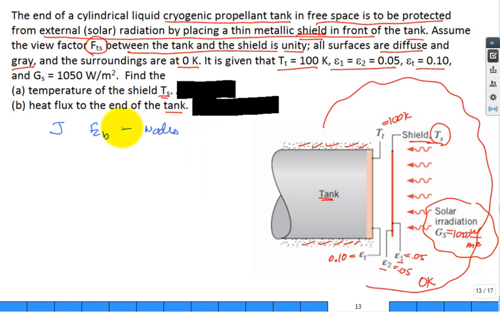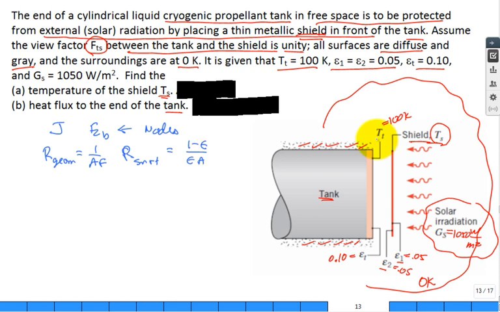All right, those are my 2 types of nodes, my J nodes and EB nodes. Next, I'd have 2 types of resistors. I'd have my geometrical resistor, my 1 over AF, and I'd have my surface resistors, which are 1 minus epsilon over epsilon A.